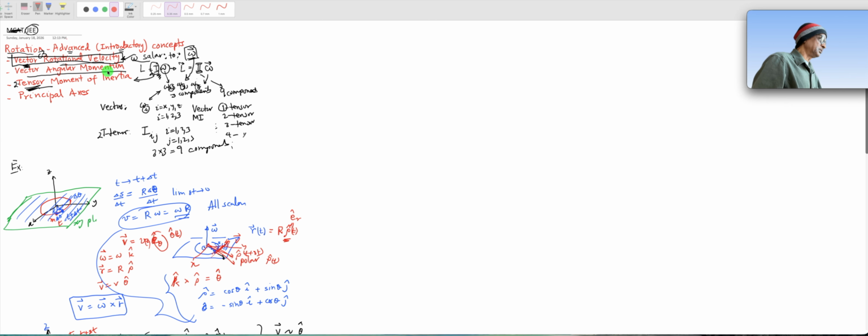Today we're going to look at momentum, and then we'll also look at moment of inertia. Maybe I will just briefly mention principal axis, and then later on we can talk about kinetic energy of rotation, and after that we can go back and actually do some problems trying to find the principal axis. Okay, so that's like a roadmap.